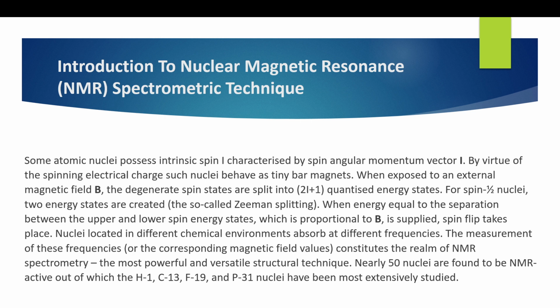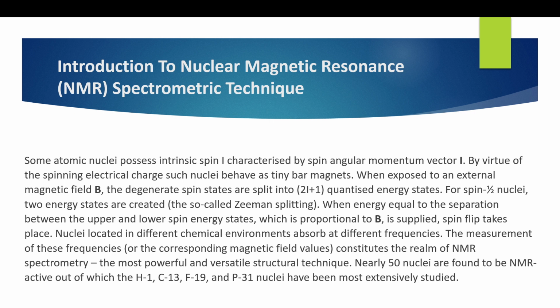When exposed to an external magnetic field B, the degenerate spin states are split into 2I plus 1 quantized energy states. For spin half nuclei, two energy states are created. This process is called Zeeman splitting under the influence of external magnetic field.